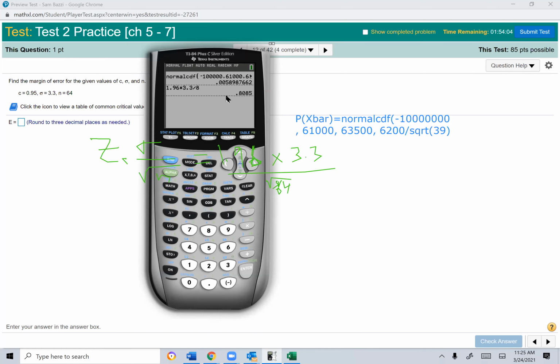Find the minimum sample size needed to estimate the mean for the given values C, sigma, and E. Here's the formula for n. I will provide you with those formulas. n equals ZC times sigma over E, raised to the second power.